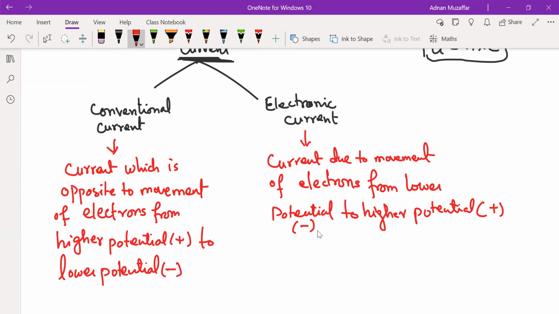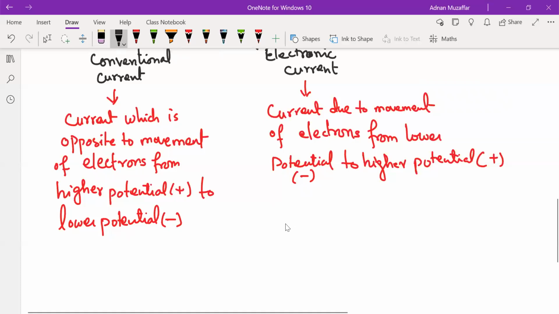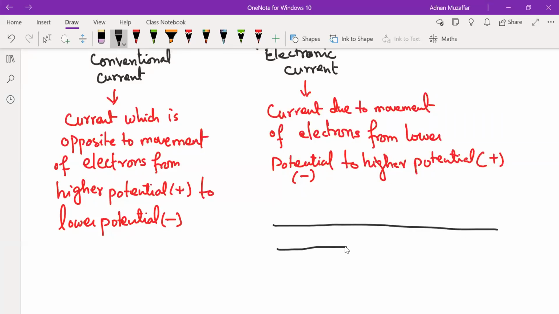Okay, now tell me one thing. Let's discuss a situation. Suppose there is a wire here. If I divide this wire into different cells, maybe these are some places, and electrons are in it. So definitely electrons, on getting a push, would be moving.